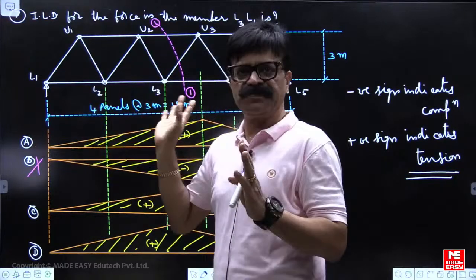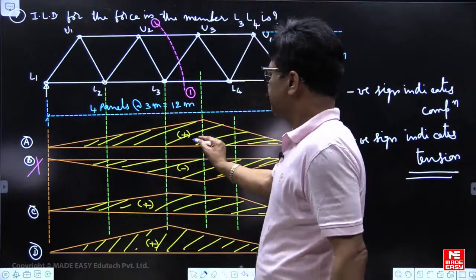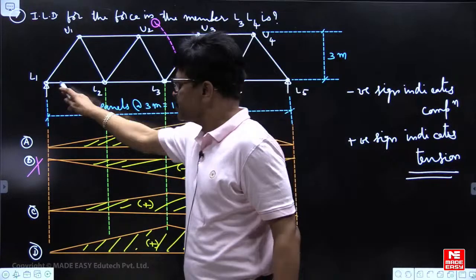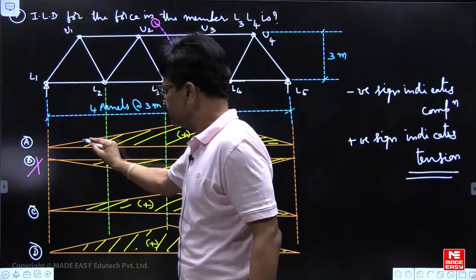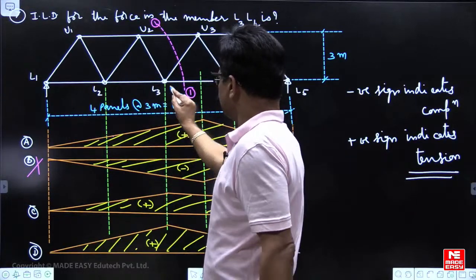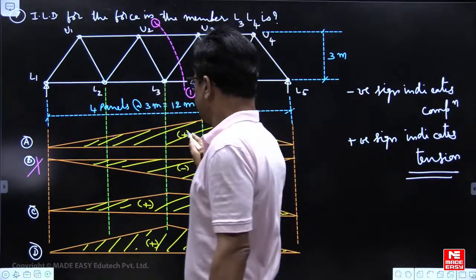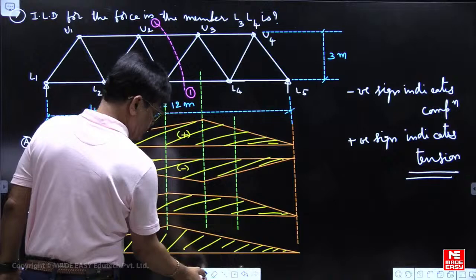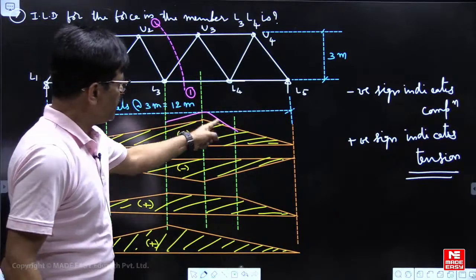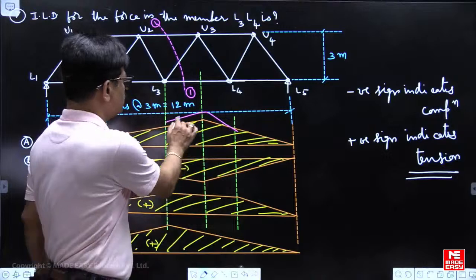It should be single and linear. This is tension only, but see here, first panel L1, L2 straight line, fine, L2, L3 straight line, L3, L4, this is one panel, but you see how it is going? It's going up like this. Within the panel it should be a single straight line, so this is wrong.